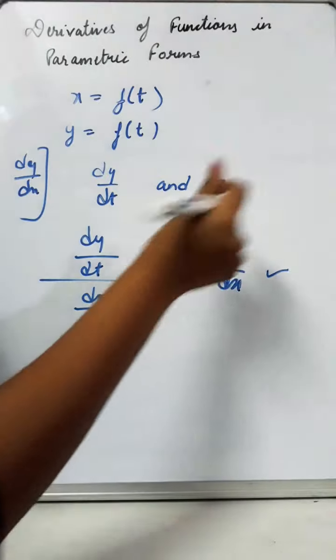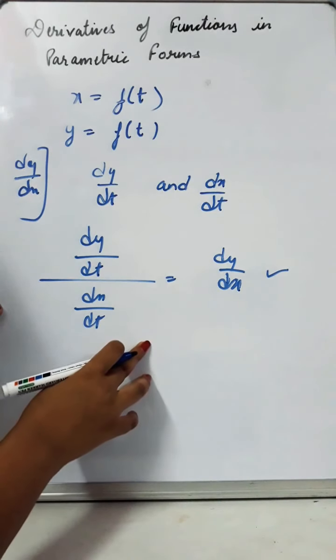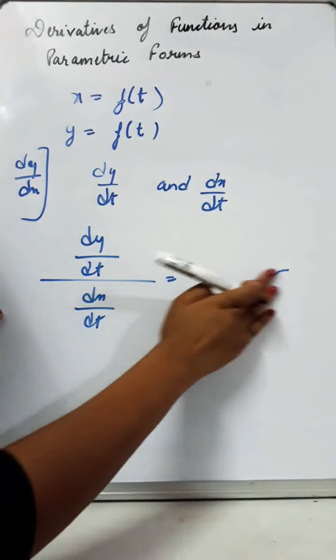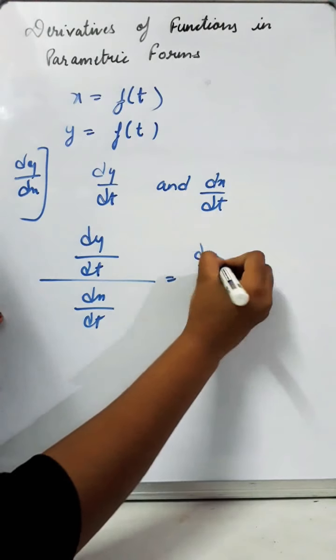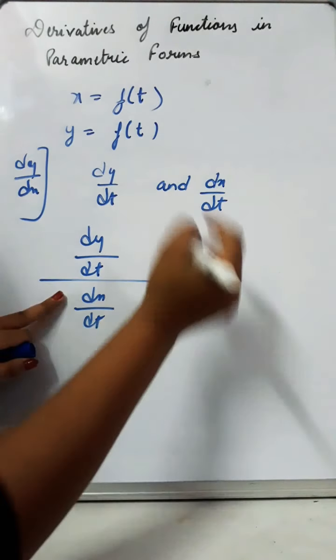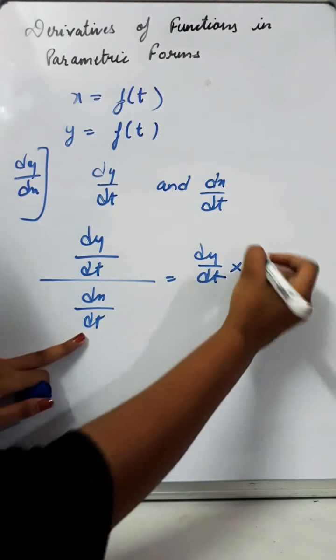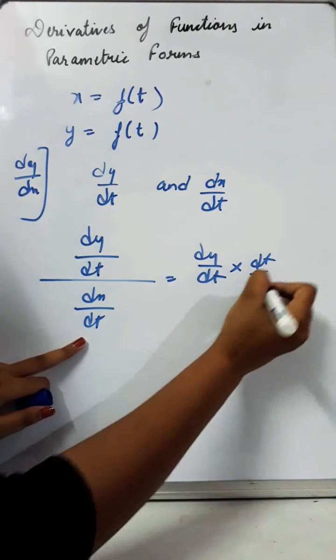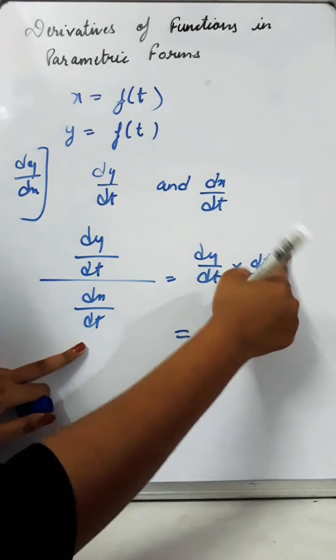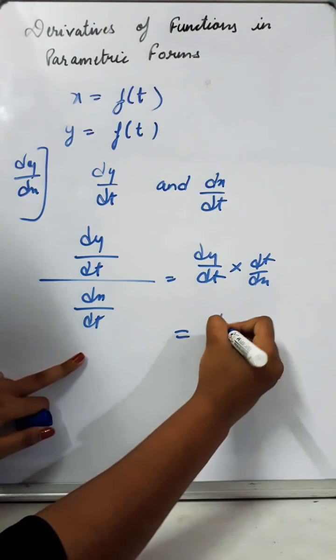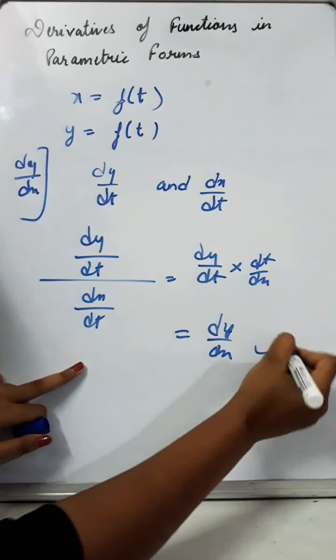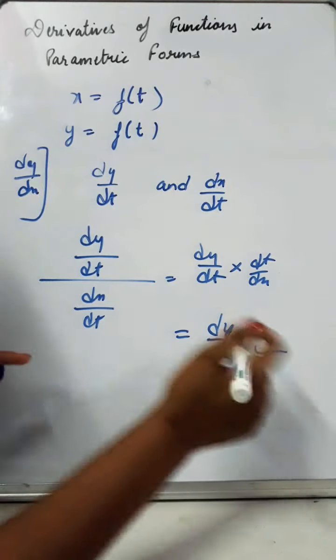Ultimately this is what you are going to do. How? You see, dy dt multiplied by the reciprocal dt dx, both the dt get cancelled, so you obtain dy dx.